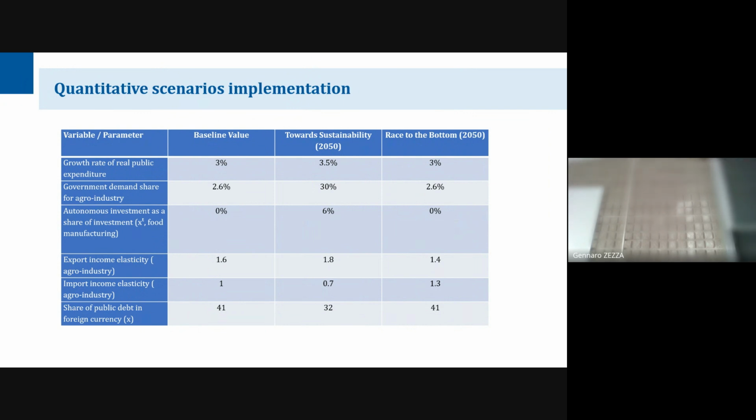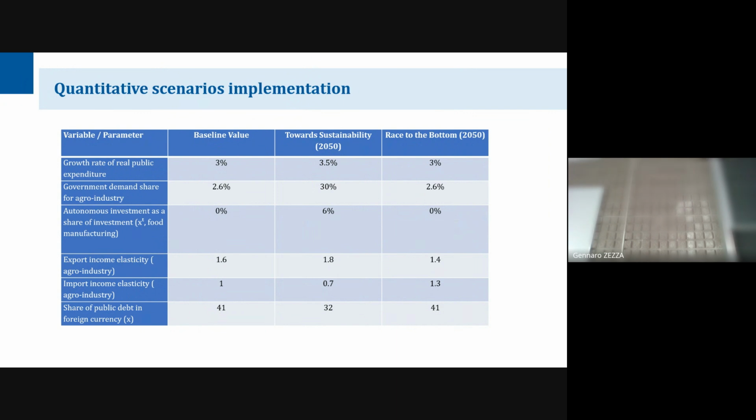So quantitatively speaking, what does all this fantasy scenario mean? We start with the baseline scenario, calculated from data such as the share of public debt, those historical average data. And we start thinking about what would change quantitatively in this towards sustainability scenario.